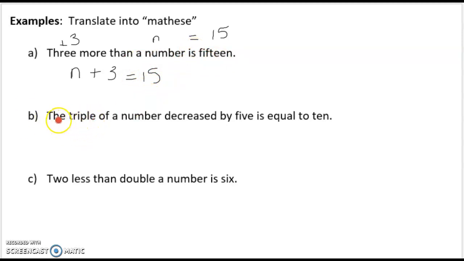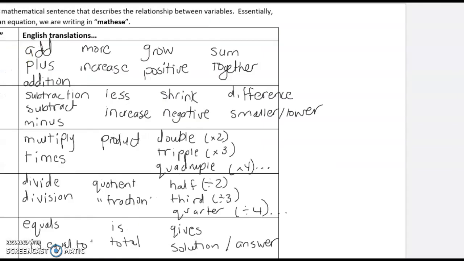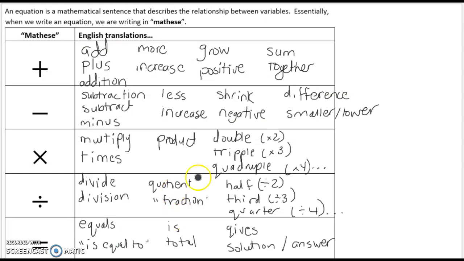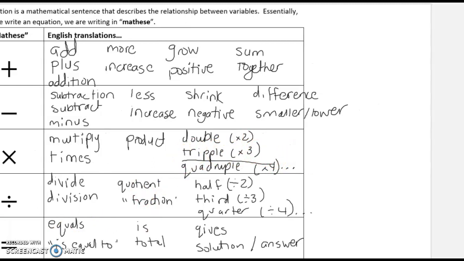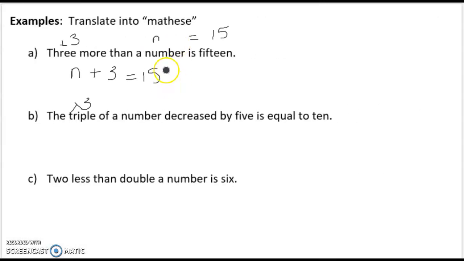Let's try the second one. The triple of a number, well, triple, that means times 3, because we just learned that back here. Oh, I just realized I had spelled triple wrong.